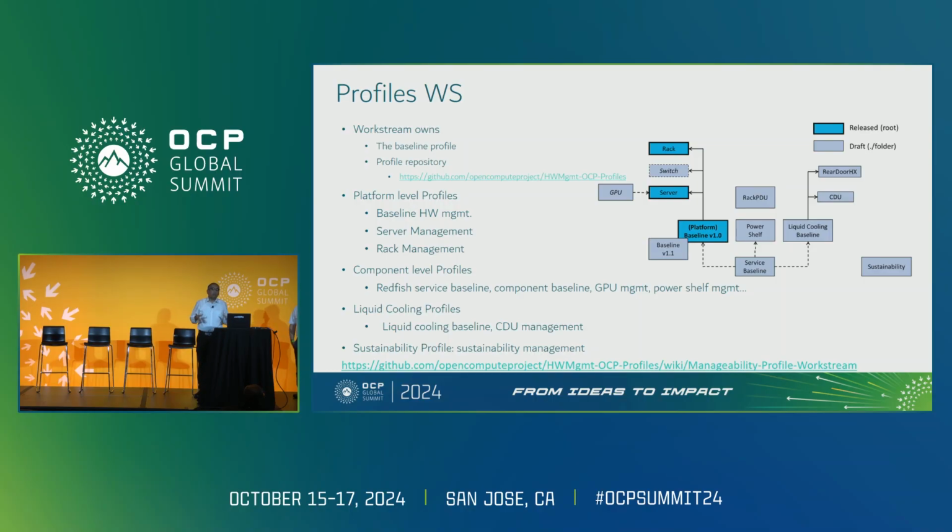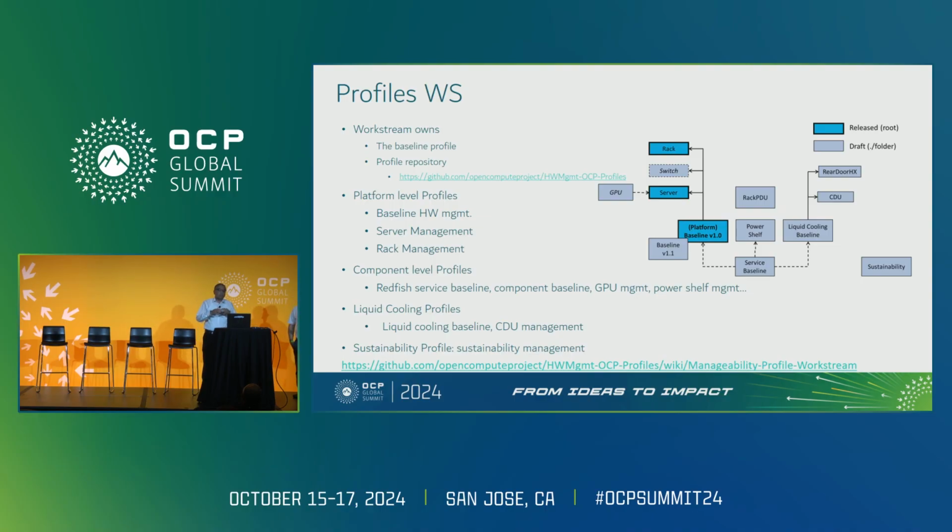What these profiles give you is the ability to take an implementation and check its compliance to that profile. Compliance means that the features described in the profile exist in that given implementation. This is how you can get a common set of management functionality.